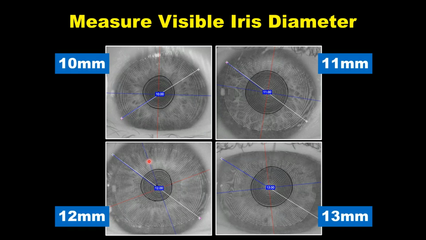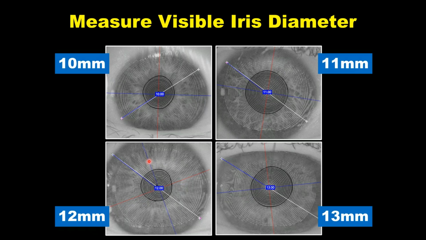Would that be a lens a little on the large side for that eye? Or similarly, would you take that same 14 millimeter diameter lens and put it on the 13 millimeter eye? Thinking in terms of scleral lenses, would we put a 10 millimeter VID in a 16.5 diameter? And would a 16.5 diameter be big enough for a 13 millimeter eye?